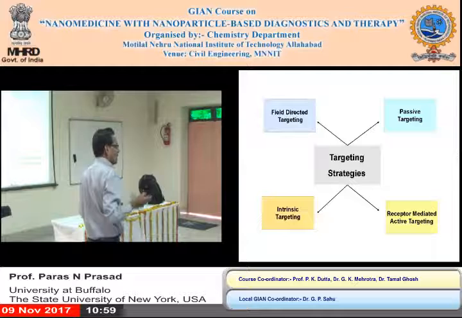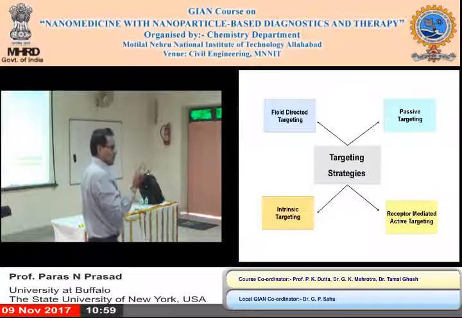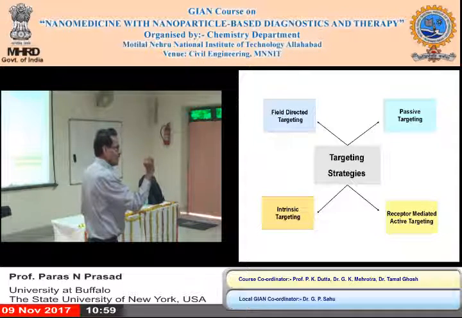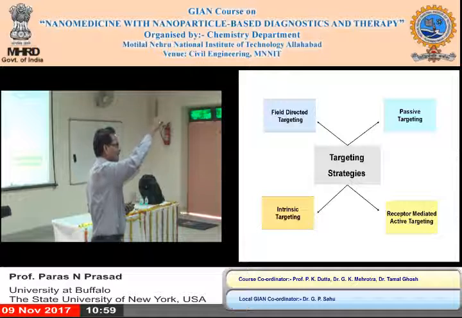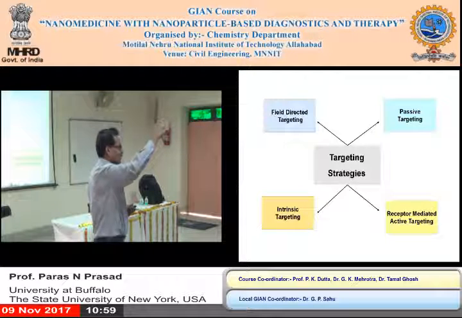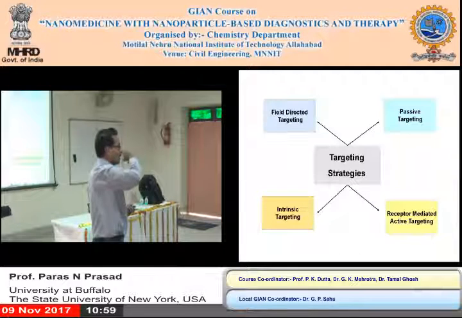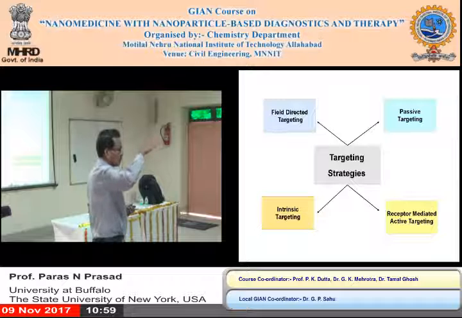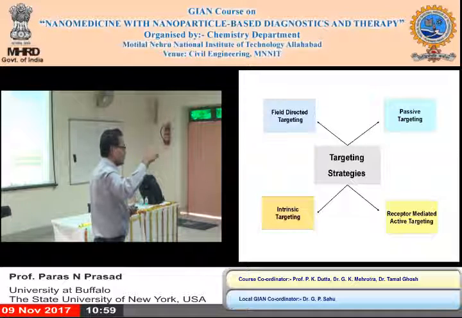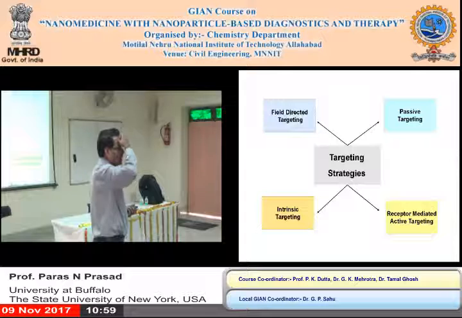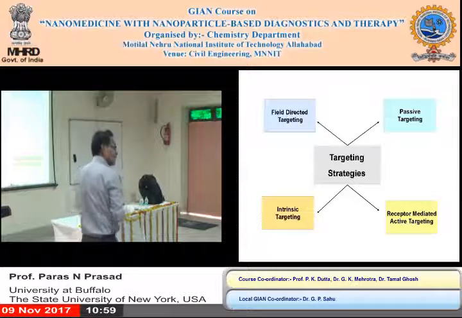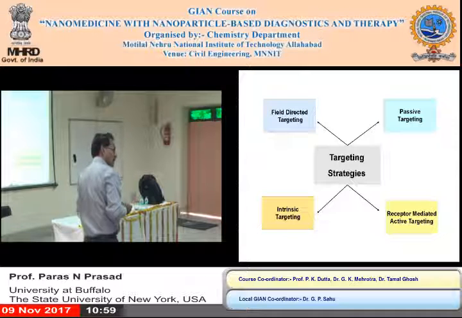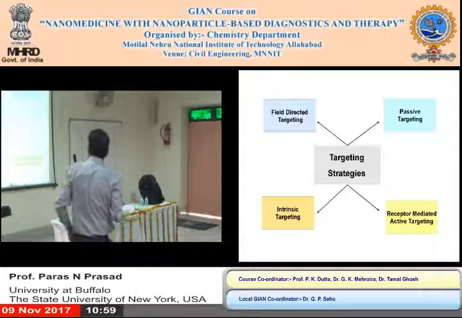Second one is field directed. So suppose you put in the nanoparticle some magnetic nanobead together. And now you can take a magnet and drag the nanoparticle to the tumor. That's called magnetophoretic control of nanoparticles. So people have done that to enhance the targeting, more and more nanoparticles, to drag it to the tumor. Okay?